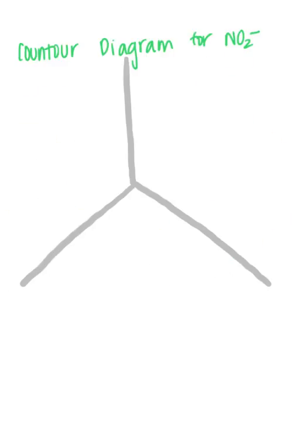So for the contour diagram for nitrite, the first thing that you do is write out your reference lines. So these reference lines just kind of represent that it's trigonal planar bent. And then we add this extra line because they have to represent the lone pair on nitrogen.